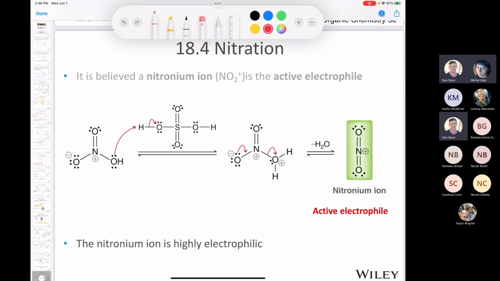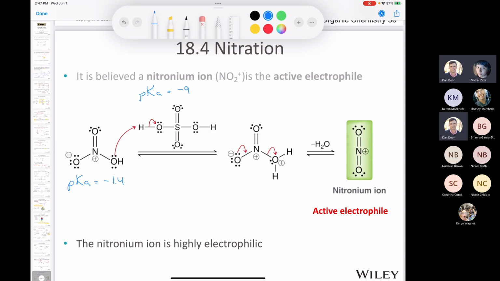Well, remember that the pKa of sulfuric acid is -9, and the pKa of nitric acid is around -2. I think in the book it says -1.4, so I might be off by a little bit. So the difference is 7.6. So that means that sulfuric acid is more than 10 million times more acidic than nitric acid.